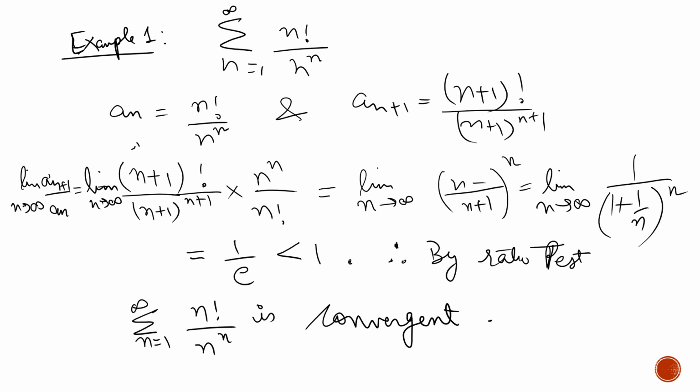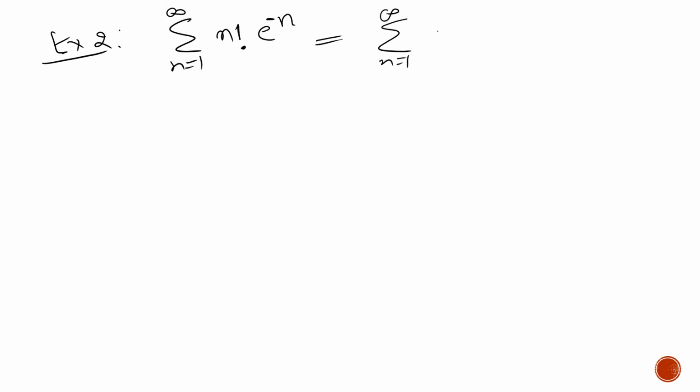Now let's see some other example also. Example 2. So you have a series and again you want to check whether this series, I'll write it as a n, is convergent or divergent. So I'll use the ratio test. So you need to find out the limit.